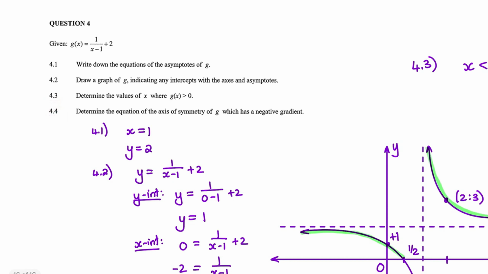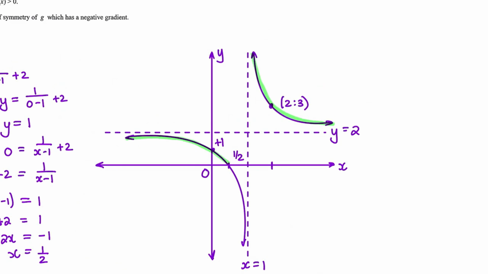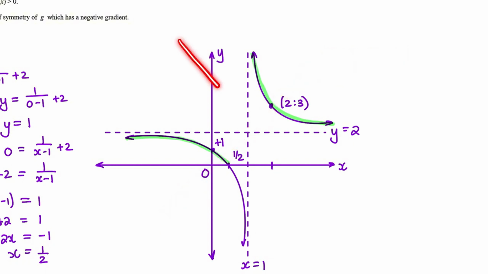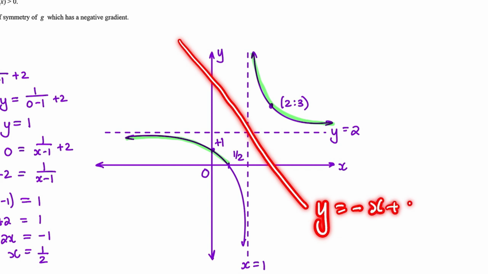4.4. Determine the equation of the axis of symmetry of g which has a negative gradient. For a hyperbola, you'll have two axes of symmetry, one with a positive gradient, so that is y equals positive x plus c, and a negative gradient where y equals negative x plus c.